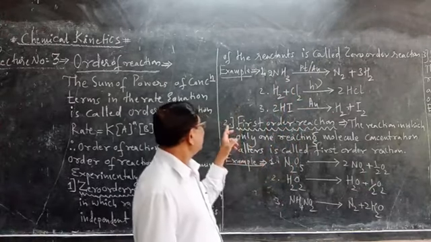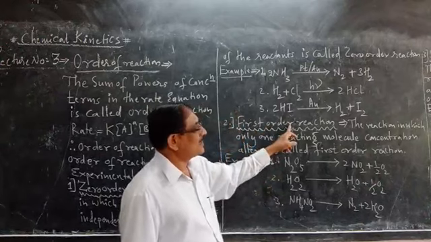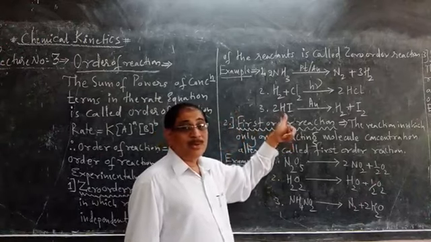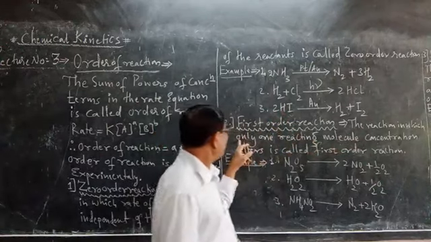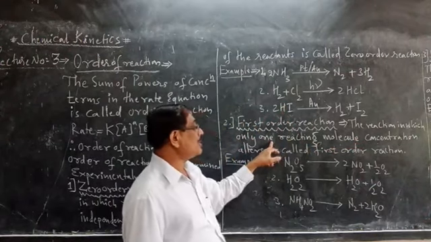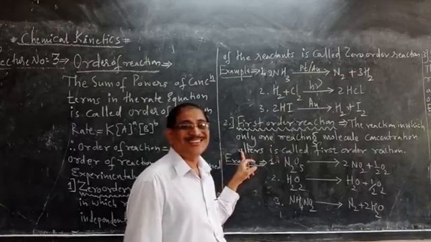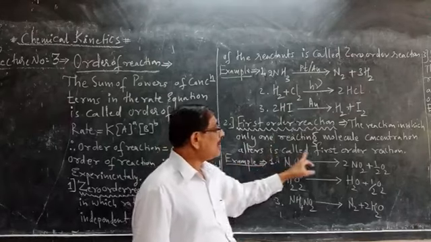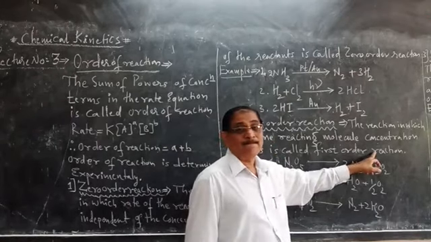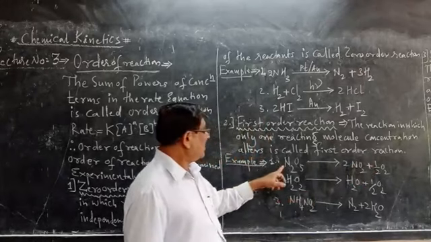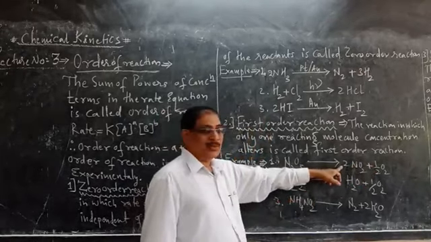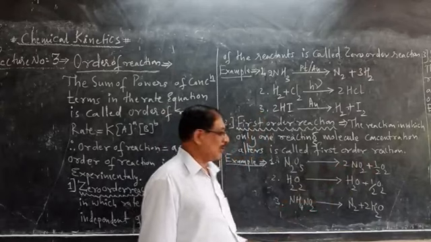Understand? Secondly, first order reaction. First power: the reaction in which the concentration of only one reactant molecule changes is called a first order reaction. Example, nitrogen pentoxide gives nitrogen dioxide and half a molecule of oxygen.